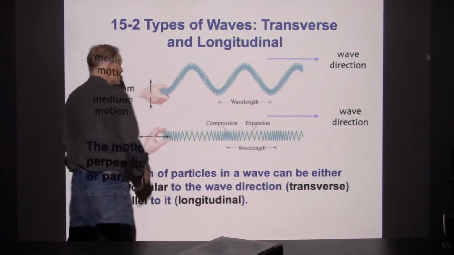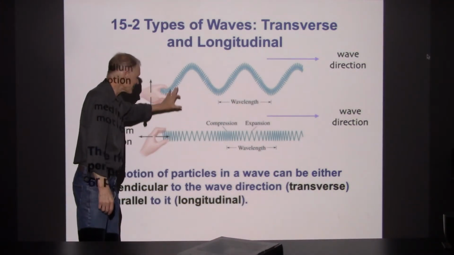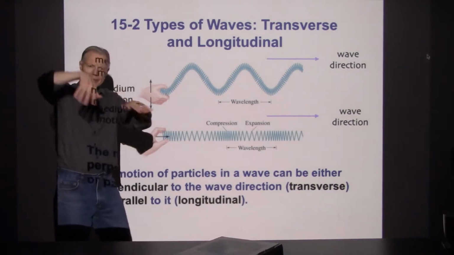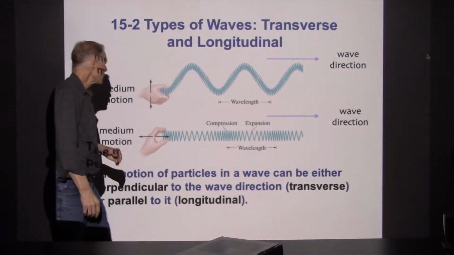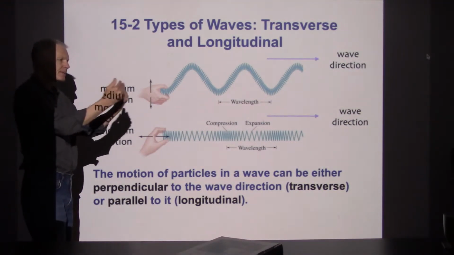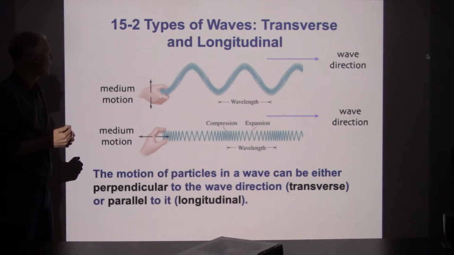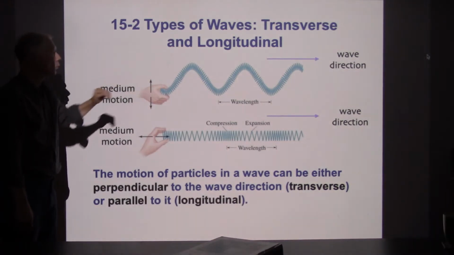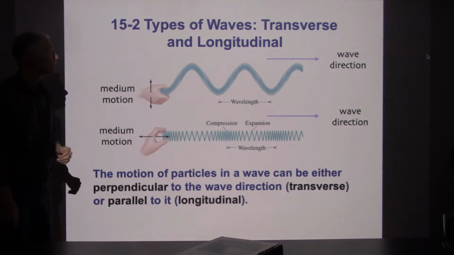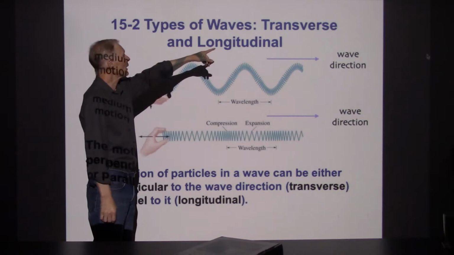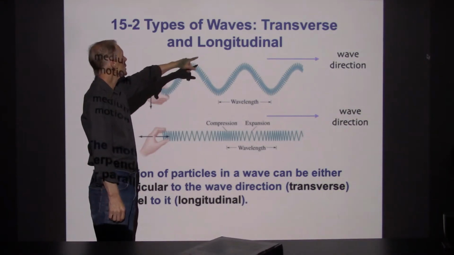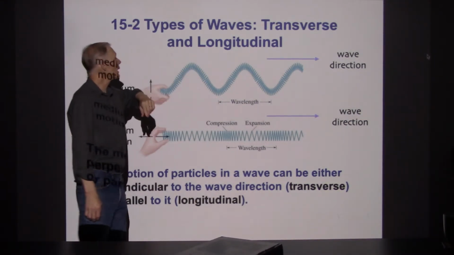So in this case, there's nothing oscillating back and forth. There's nothing waving like this. What there is are individual pieces of the medium moving back and forth in a longitudinal or parallel direction. I always think of this in terms of, transverse means perpendicular, longitudinal means parallel.